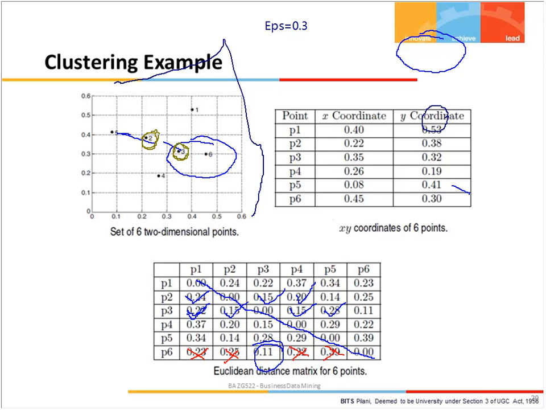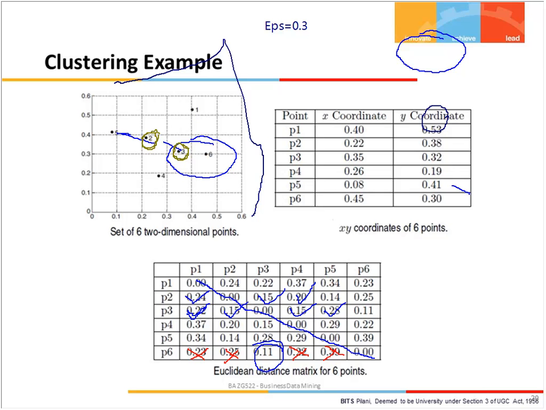In this case we are not getting a noise point, because every object is coming within the neighborhood of some object, but some points can also come as noise points.